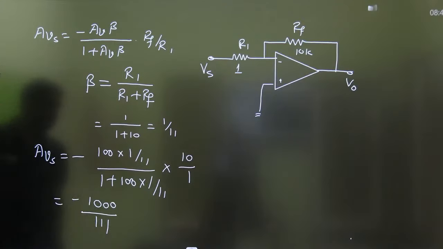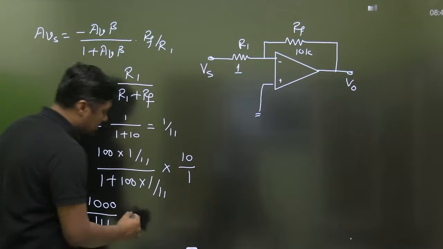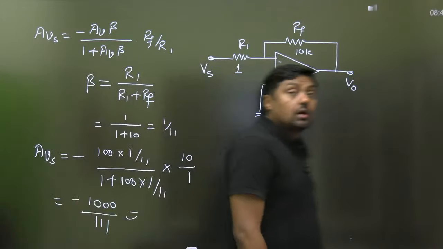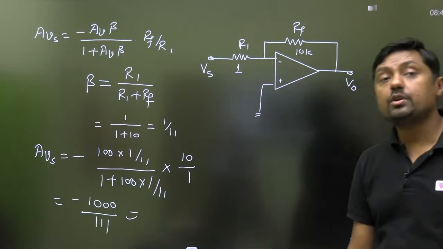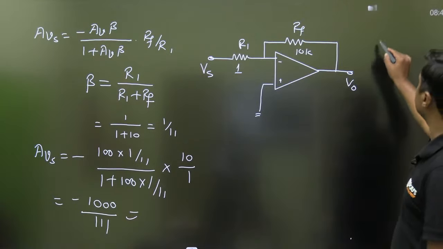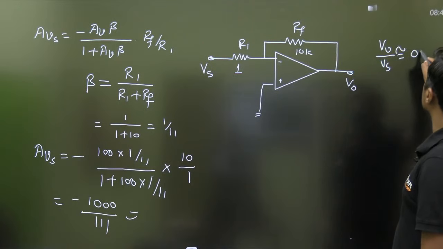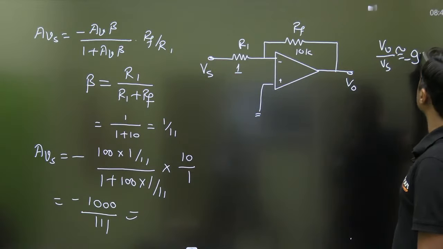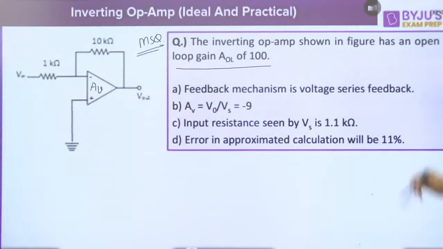Please check this, that will be the answer for this particular question. Minus 9.009, nearly equal to minus 9. So that answer is correct.